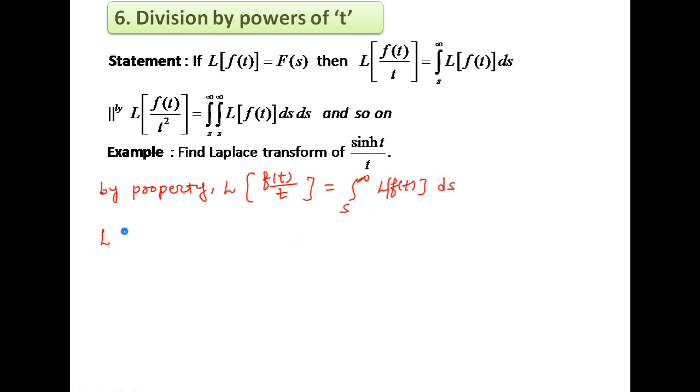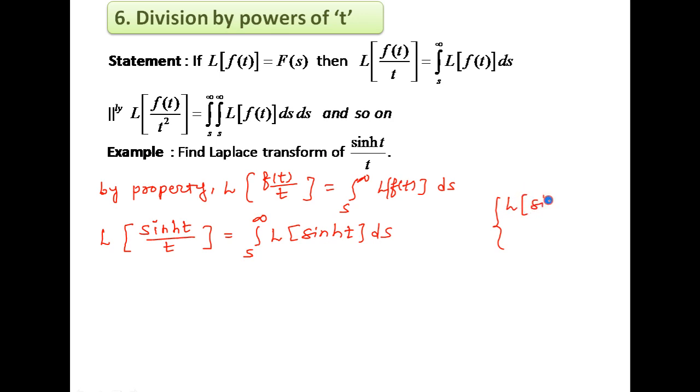So using this property we can write Laplace of sin ht upon t equal to integration s to infinity Laplace of sin ht ds, and with the help of the standard result, Laplace of sin h at, what is it? a upon s square minus a square. So using this result we can find the Laplace of sin ht. It is 1 upon s square minus 1 ds, because here the value of a is 1.